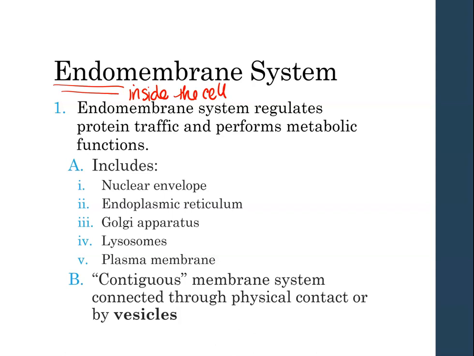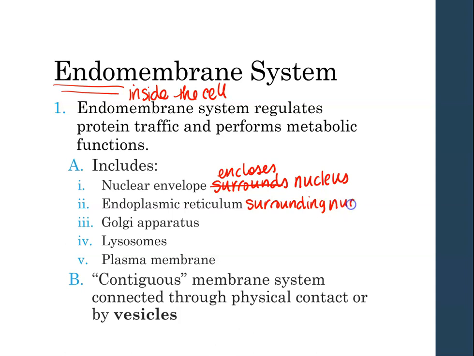The endomembrane system includes the nuclear envelope that surrounds the nucleus. I should say it encloses the nucleus, because the endoplasmic reticulum is found surrounding the nucleus on the outside of the nuclear envelope.